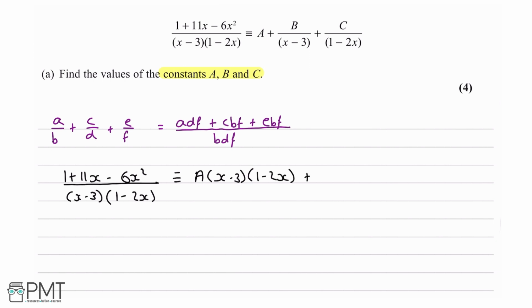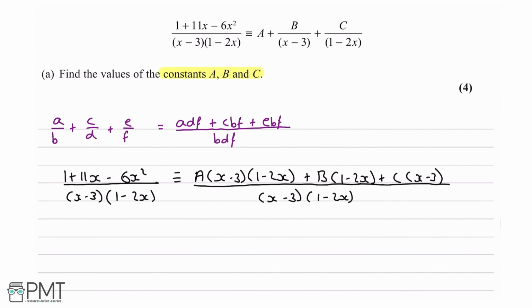To get B in the correct form, it's already got an x − 3 in the denominator, so all we need to do is multiply by (1 − 2x), so B(1 − 2x). Same thing with C, it's already got 1 − 2x, so all we need to do is multiply by (x − 3). All of this will then be divided by (x − 3)(1 − 2x).